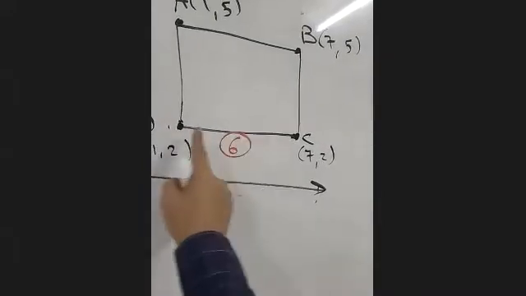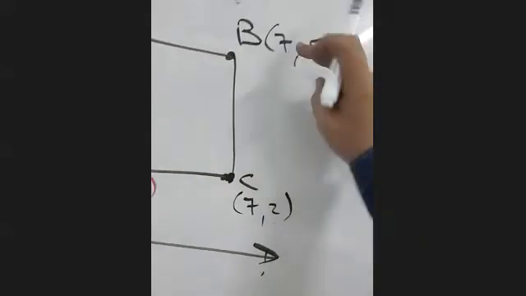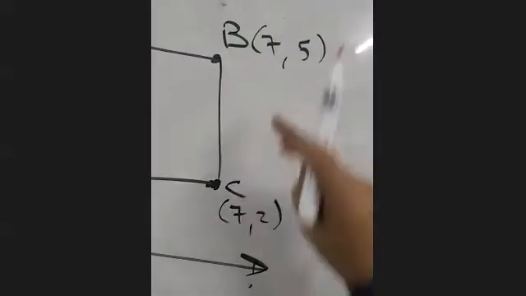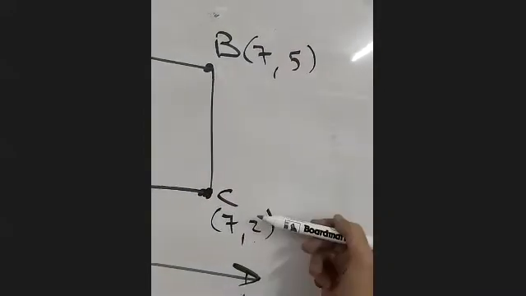Means the length of DC is 6. Now let's find this one between B and C. We cross the 7 with the 7, done. 5 minus 2, how much? 3. So this length is 3.